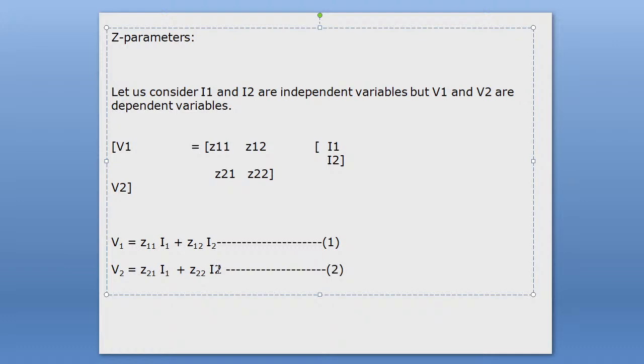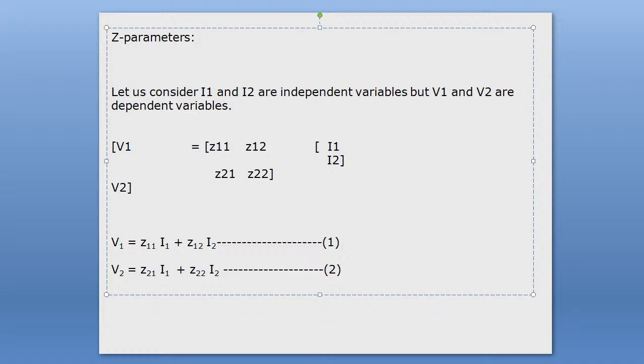Everyone, carefully understand this concept, because in the next lab class we will experimentally verify these things: the output and input relation through z parameters and y parameters and other parameters. So try to understand the theory part, and if you have any doubt, write in your chat box.